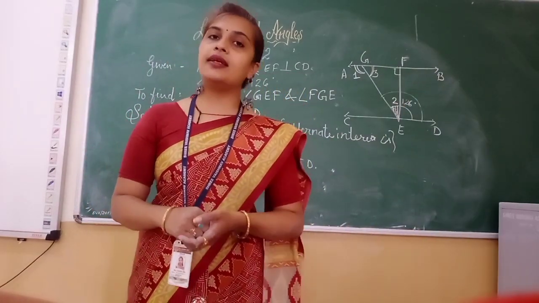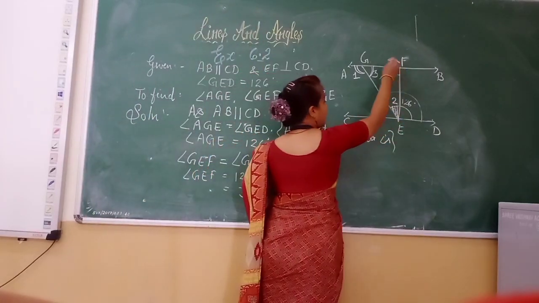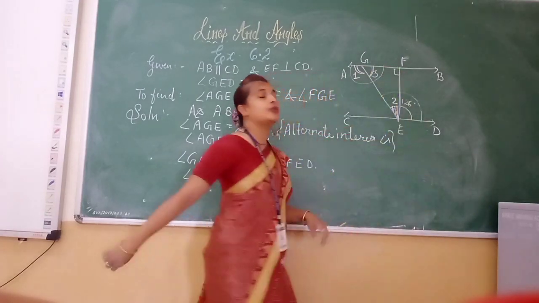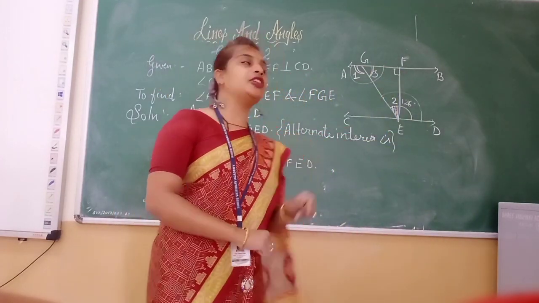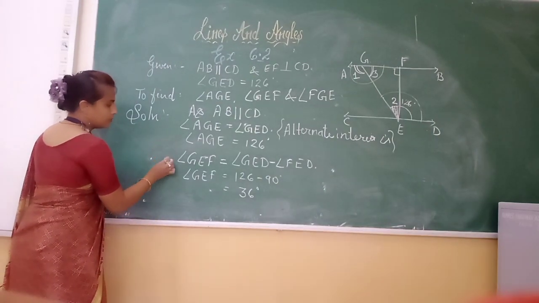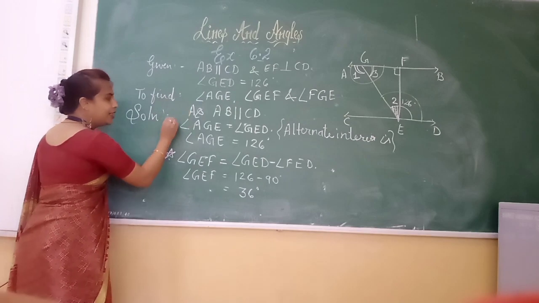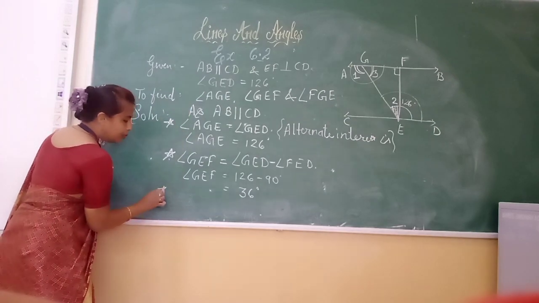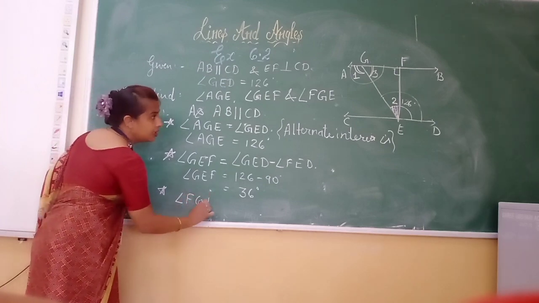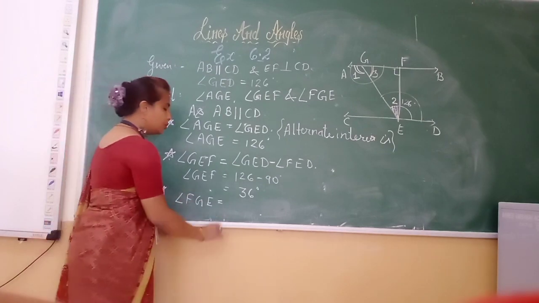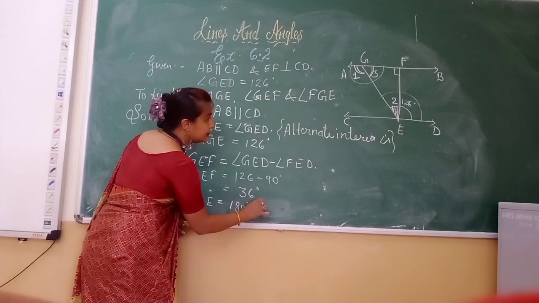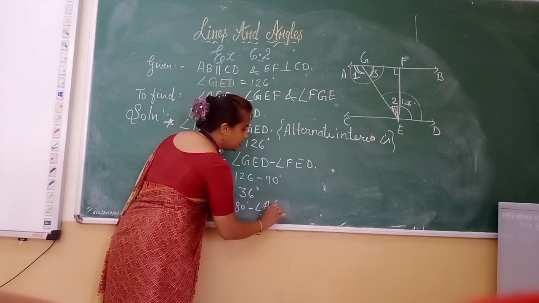Now, the last one, this part, angle 3. How you will find here angle 3? That is angle FGE. इसे फाइंड करने के लिए 1 and 3 forms a linear pair. 1 और 3 linear pair form कर रहे हैं. तो when this part we have find out, for the third one, angle FGE is equals to 180 degree minus angle AGE.